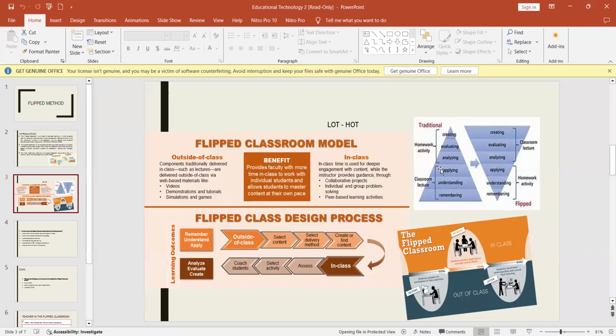Suppose that you are an English teacher, you get them to come to school, you teach them the simple present tense and give them some activities to practice and give them activities to go home and do, right? Using simple present tense, write an essay on your hobbies.